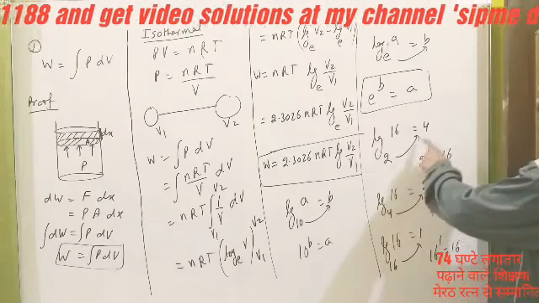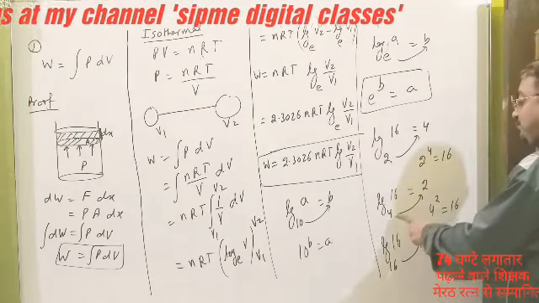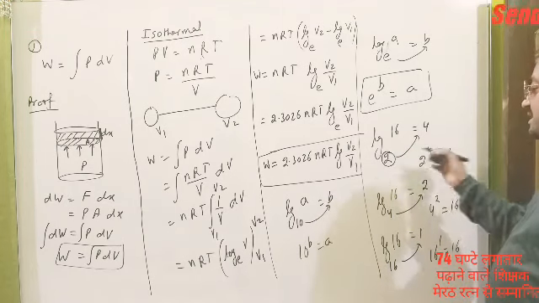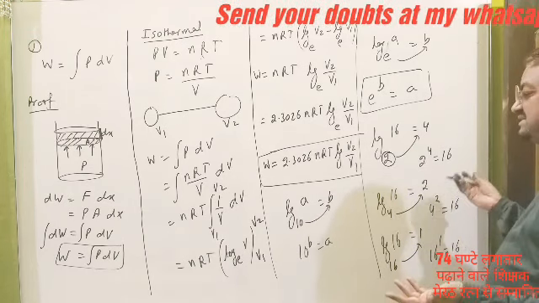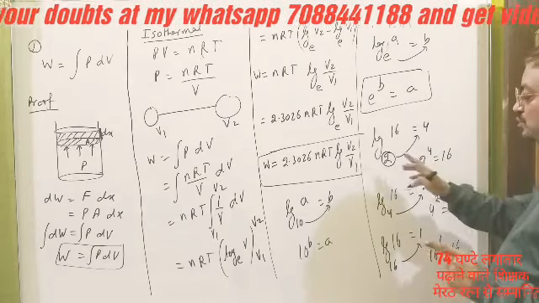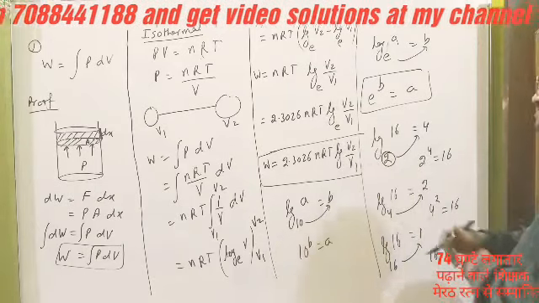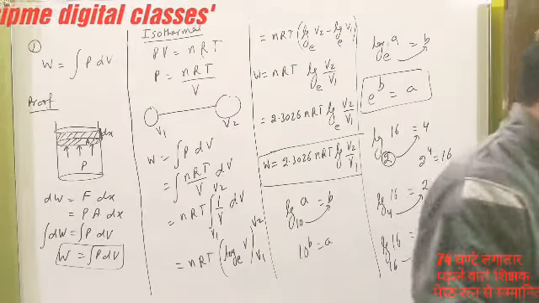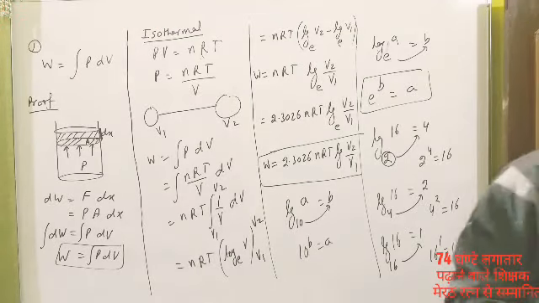Suppose we don't write the base, then our answer will be senseless. So you must write what base you are taking. Now, this is work done during isothermal process.